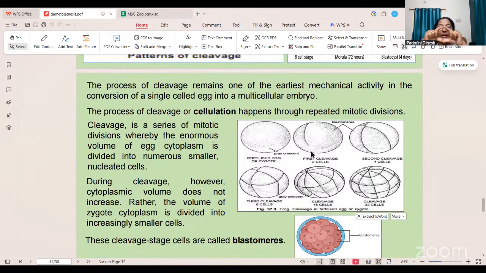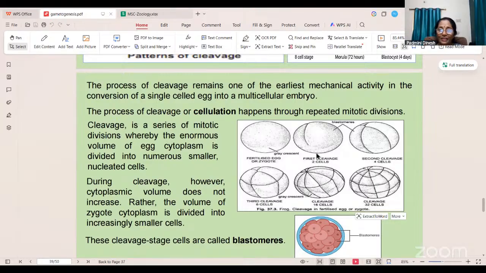They are not increasing in volume, but only getting divided within itself without becoming big. Whatever amount of cytoplasm is present is getting shared into each cell. So here you can see that into each cell, the amount of cytoplasm is going to get divided.